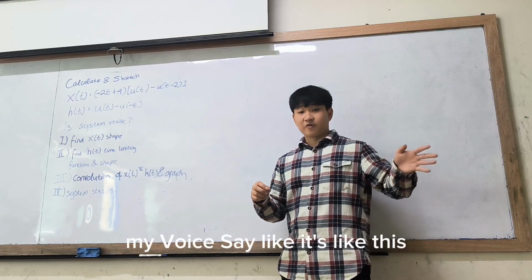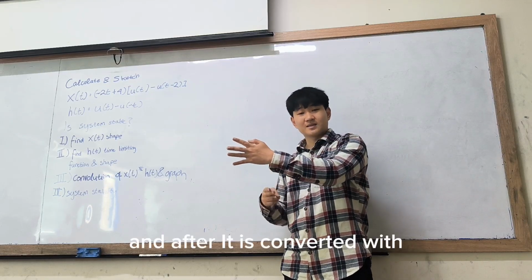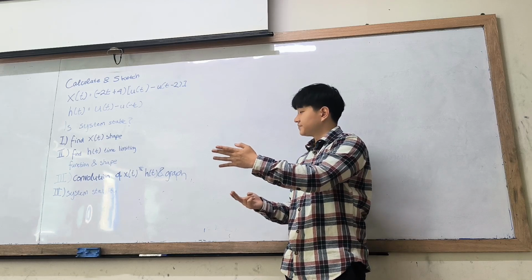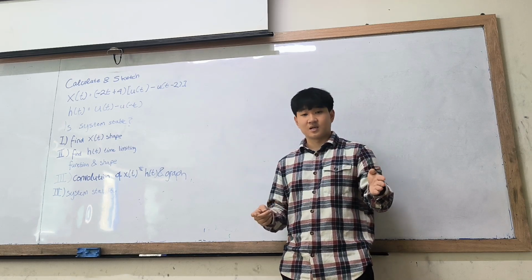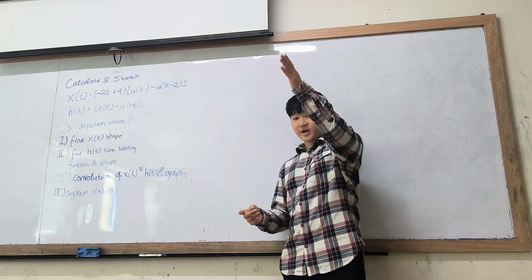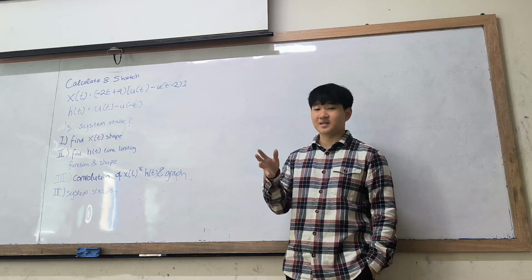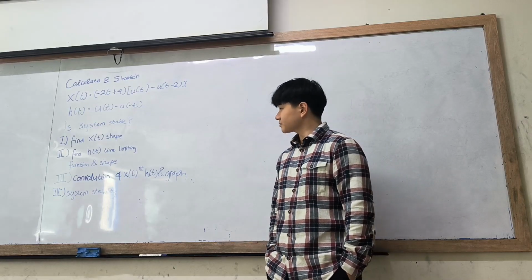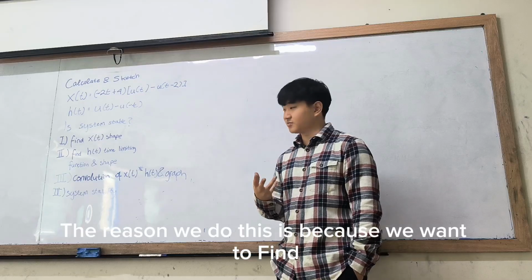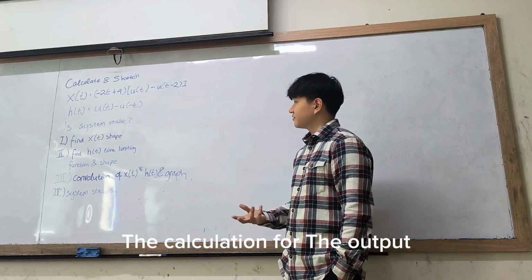Say my voice is like a wave, and after it is convolved with the impulse response, it becomes like this, those separated points. And the reason we do this is because we want to find the calculation for the output.